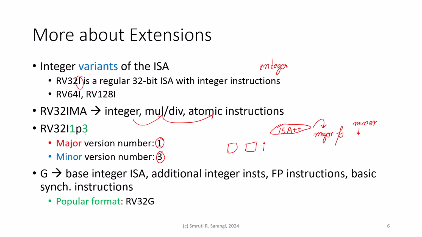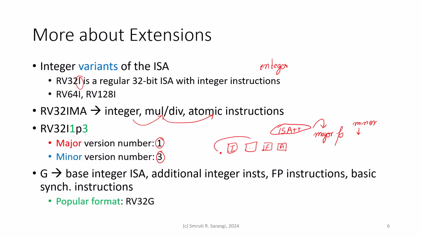So sometimes what we do is we take a bunch of these extensions. So let's say you have the integer extension, some additional integer instructions, the floating point extension, the synchronization instructions extension.